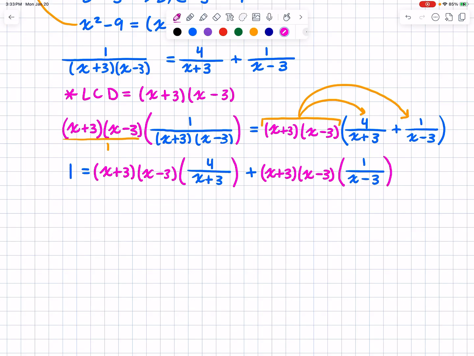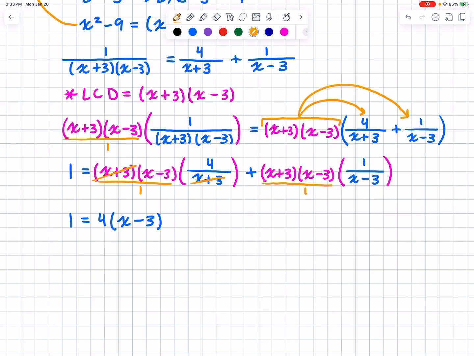All right, so now here, you can pretend that these are all over 1 again, if you would like. And here we can see that my x plus 3 would essentially cancel with this one in the denominator, giving us 4 times x minus 3 over 1, or just 4 times x minus 3. So we get 1 equals 4 times x minus 3.